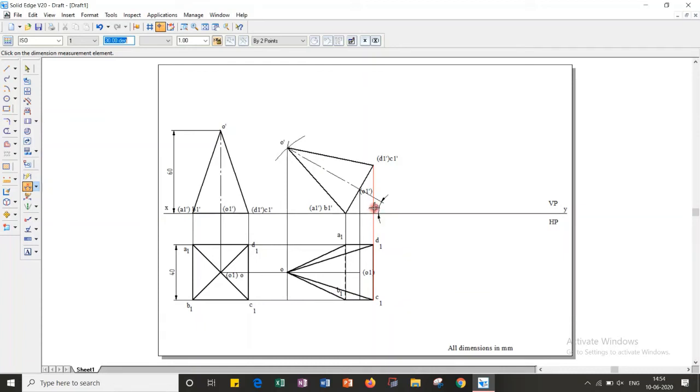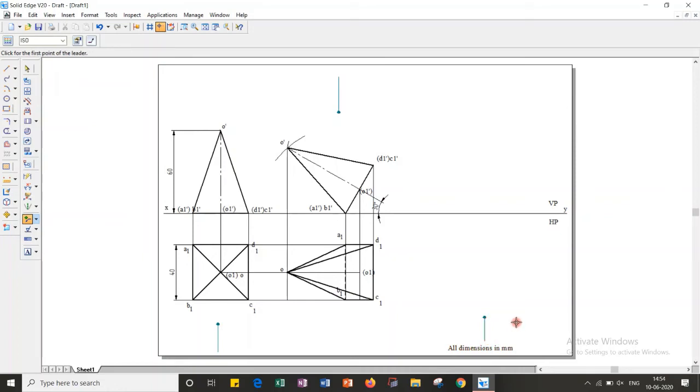Moving on to the third step. Here in the first step, the observer is here. Second step, the observer will be here. And in the third step again, the observer will be here.